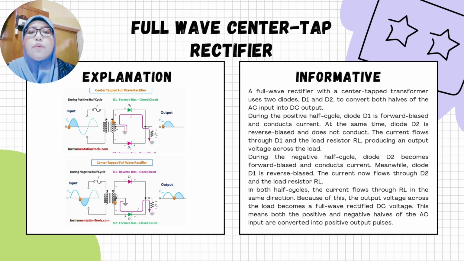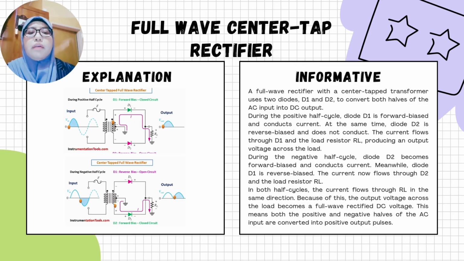Next, we see the full-wave center tap rectifier. As you can see in the illustration, the full-wave rectifier with a center tap transformer has two diodes, D1 and D2, to convert both halves of the AC input into the DC output.